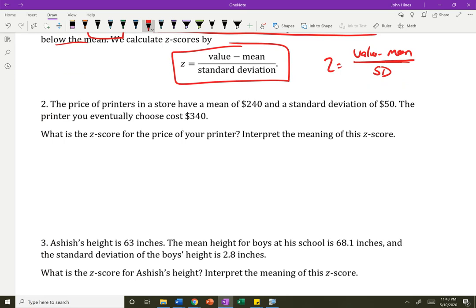So the price of printers in a store has a mean of $240 and a standard deviation of $50. The printer you eventually choose costs $340. What is the z-score for your printer? Well, what does z equal? How do I compute a z-score? How far am I from the mean? 340 minus 240. Divided by the standard deviation. So I'm going to divide by 50.